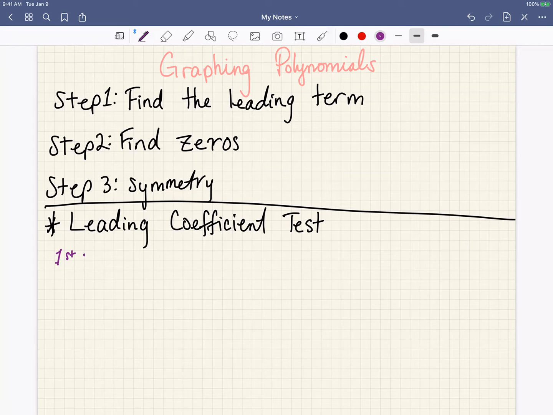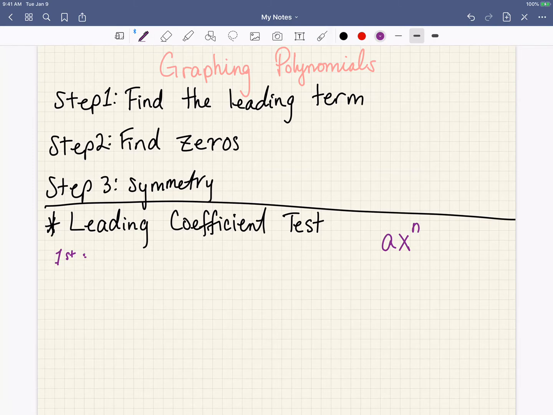So the first case is if your n, so let's say this is my coefficient, my term is going to be, let's just say 5, or I'll keep it general. A, X, N, right? That way I can just use general terms.